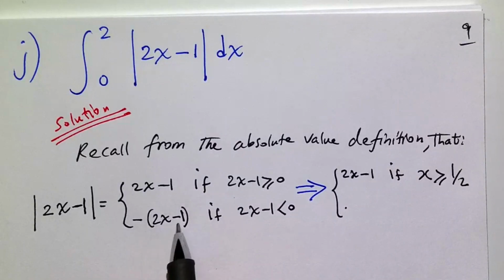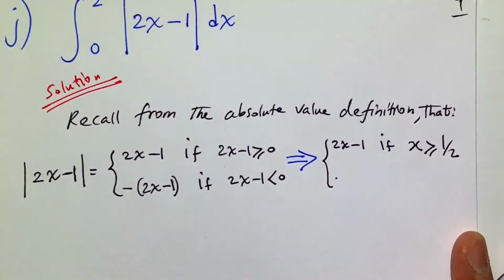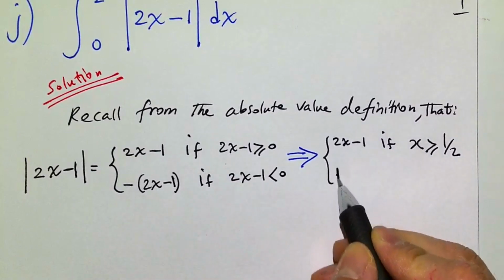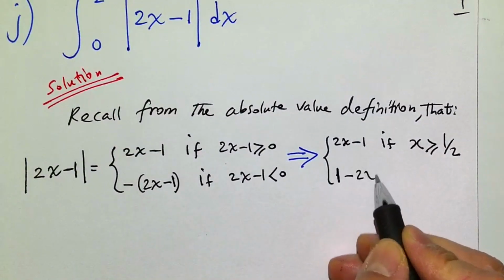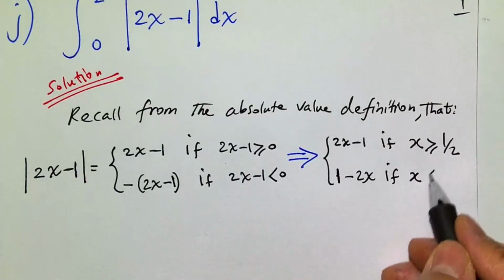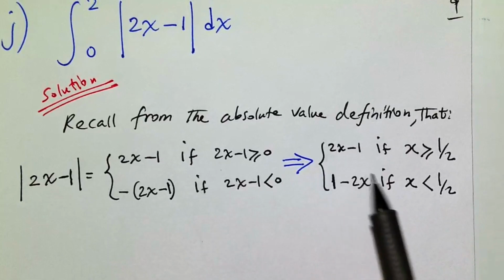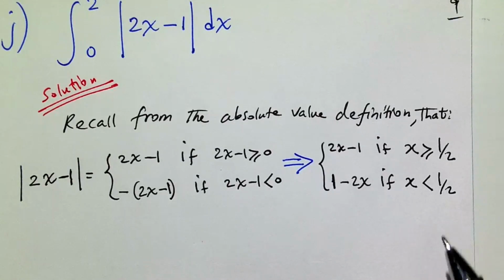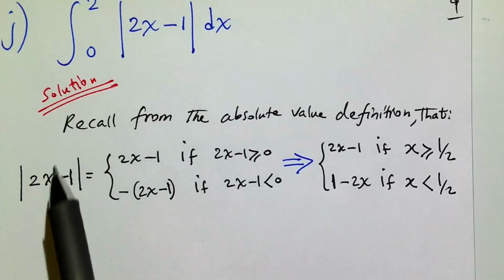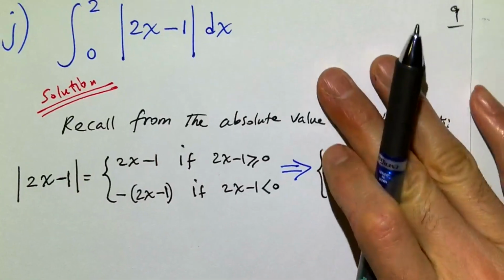So we get 1 minus 2x, right, if x is less than 1/2. That's what I meant when I said that when you apply the absolute value definition, it will affect how you would calculate this integral.